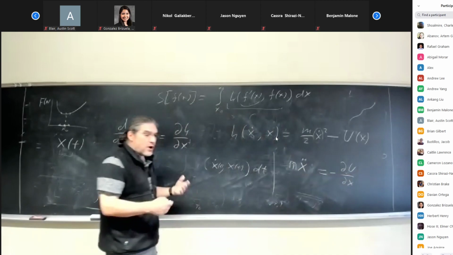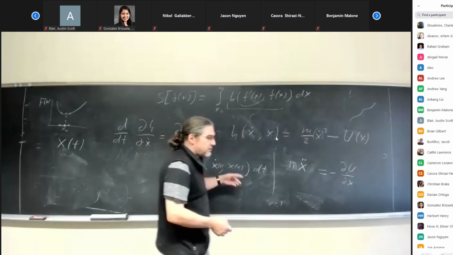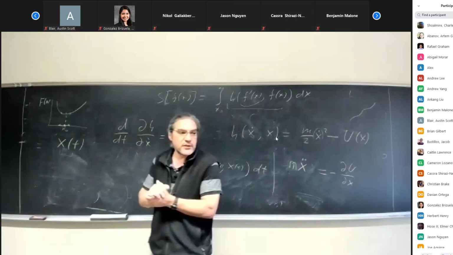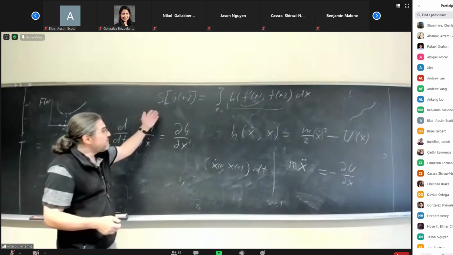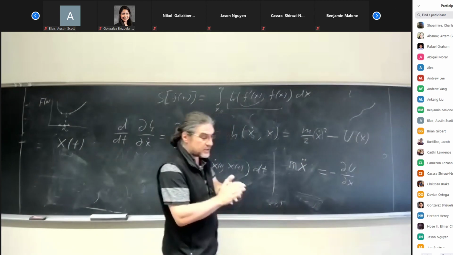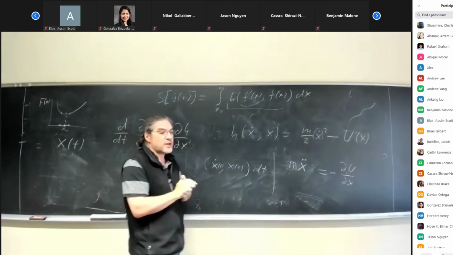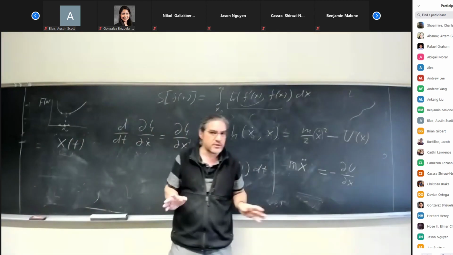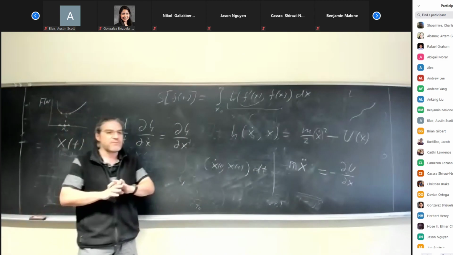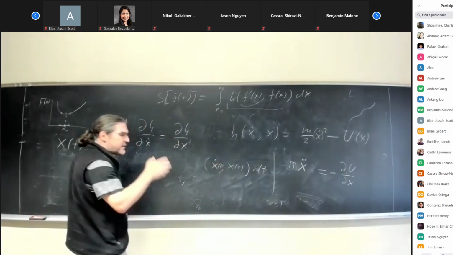It seems like overkill when you're talking about one-dimensional motion, but that x doesn't have to be a one-dimensional parameter. It can be a multi-dimensional parameter. Moreover, because you can always change the integration variable inside this integral, which means a reparameterization of your motion, you are not constrained to any sort of coordinates. You can use any set of numbers as your coordinates, whatever you fancy, and it will still be exactly the same equation for any set of coordinates.